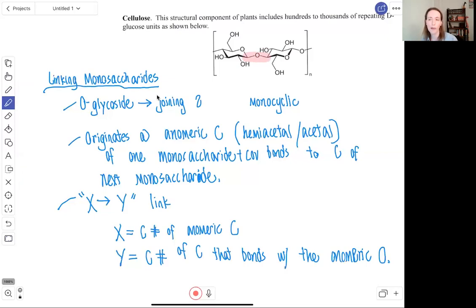So in order to determine what the linkage type is, if this is a 1,5 link, a 1,4 link, whatever we're going to describe this XY linkage as, we have to ask ourselves which of the two carbon atoms here, or the one over here, is the anomeric carbon.